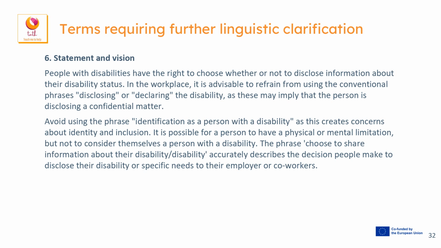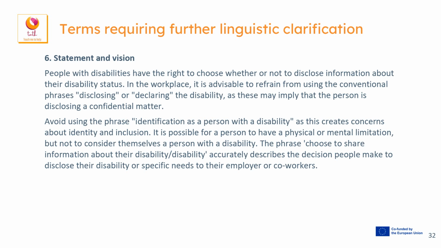6. Statement and vision. People with disabilities have the right to choose whether or not to disclose information about their disability status. In the workplace, it is advisable to refrain from using the conventional phrases disclosing or declaring the disability, as this may imply that the person is disclosing a confidential matter.